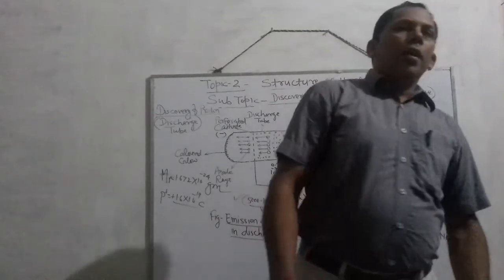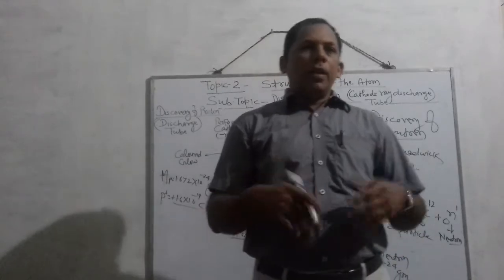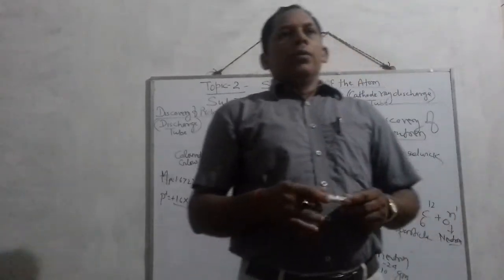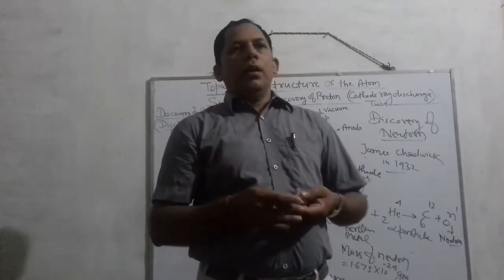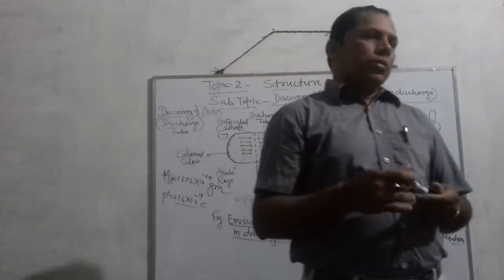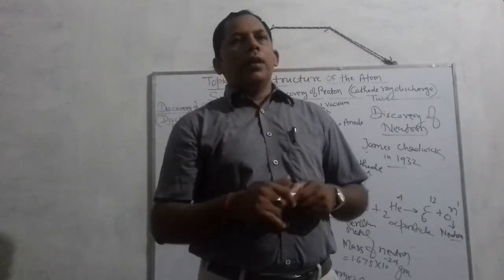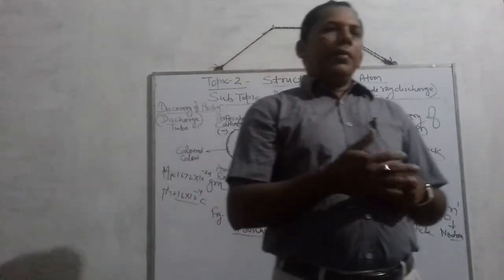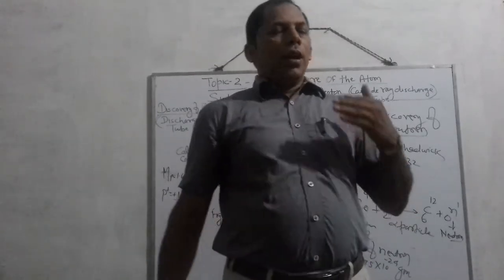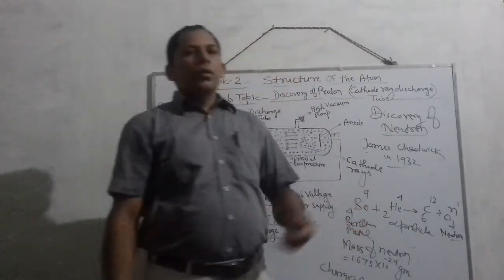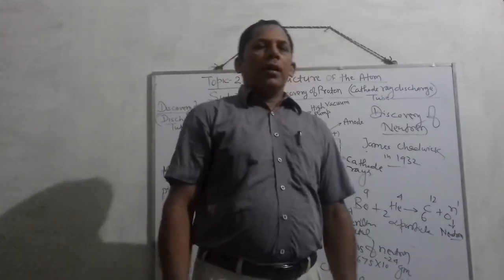Children, in my upcoming lecture we will study atomic models, and we have to start from Bohr's atomic model of the atom. The two models, the Thomson model and the Rutherford model, have been removed due to COVID, which means they are not mentioned in the current syllabus.